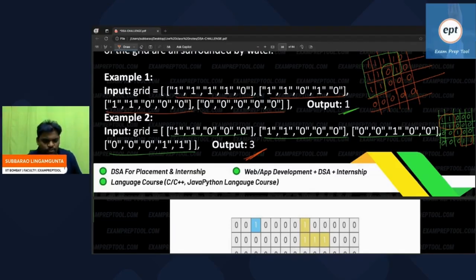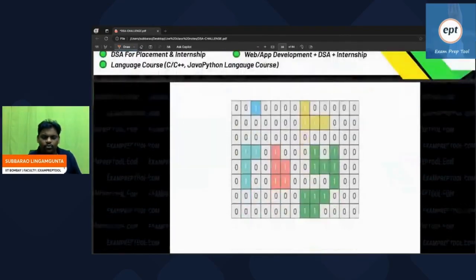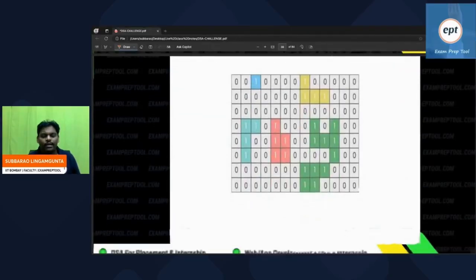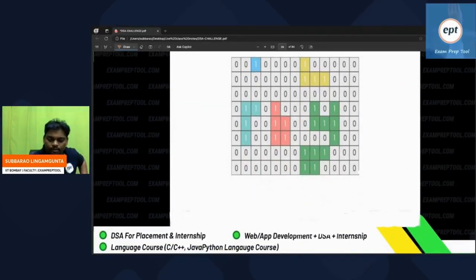Let's go to a bigger picture. You will get more clarity in this. This is one. This is one. This is one. This is one more one. This is one more one.